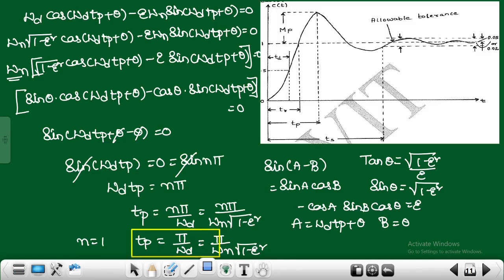This is one formula and this is one more formula. These two are the important formulas. This is the derivation of the peak time.